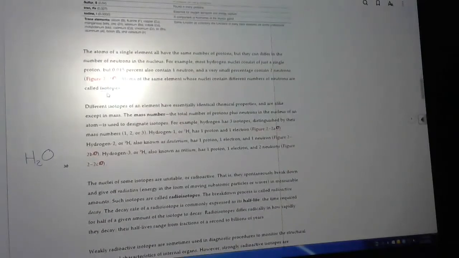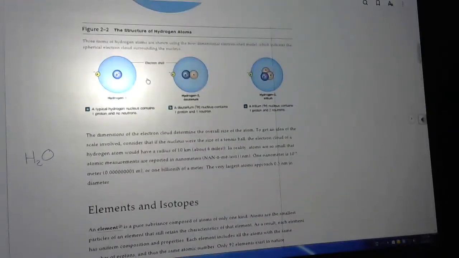If you change the number of neutrons, remember protons, neutrons, and electrons, with neutrons having neutral charge in the middle, we call it an isotope. These are isotopes of hydrogen. This is its normal form. This is with one neutron, that's deuterium, and with two neutrons, it's called tritium.